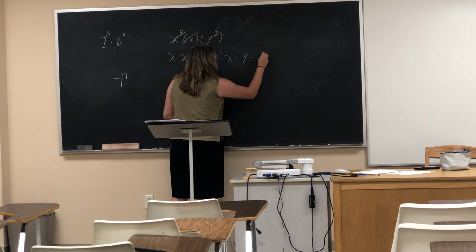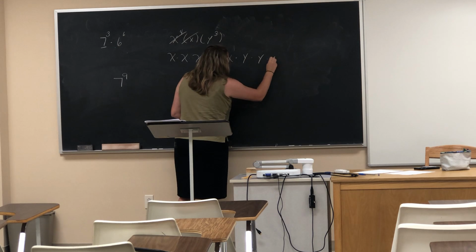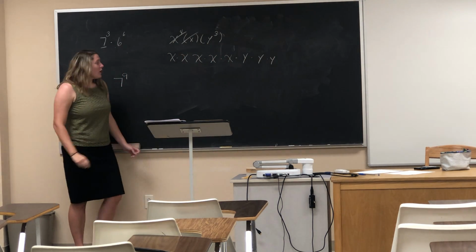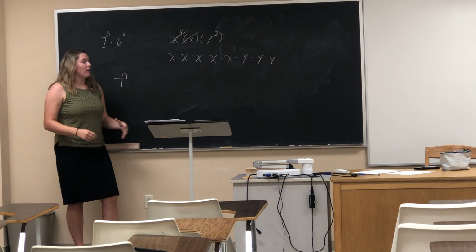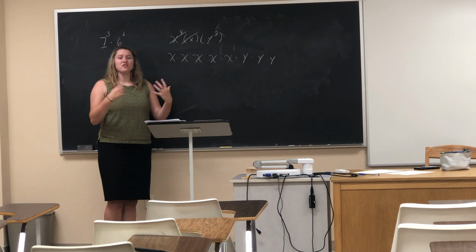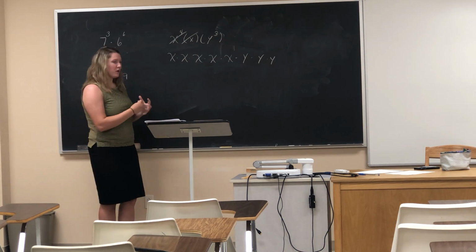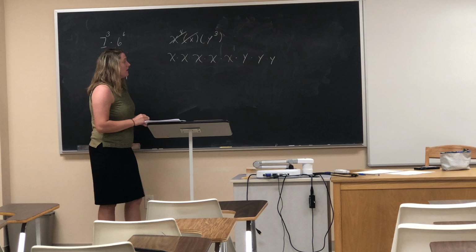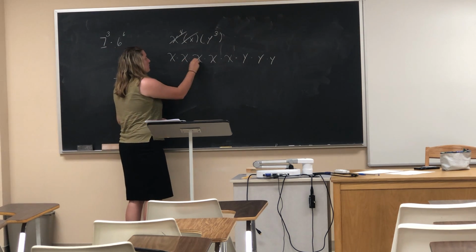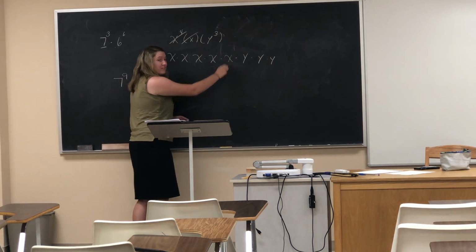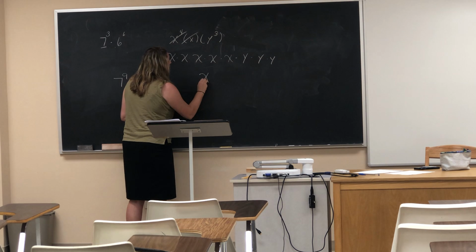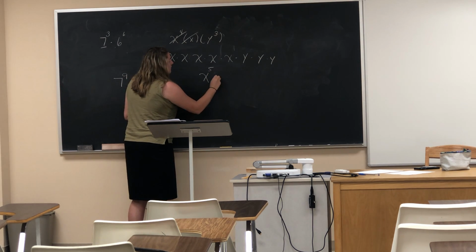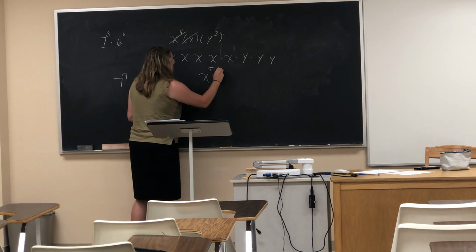So y times y times y. Now we can just add up all of our variables that are the same and that will be our exponent. So we have 1, 2, 3, 4, 5. So that will be x to the 5th power, y to the 3rd power.